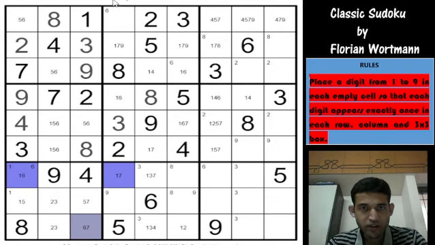Okay, 4 in column 4 has only 2 cells, either row 8 column 4 or row 1 column 4. But I don't think it's helping us, right? I don't think it's really helpful.